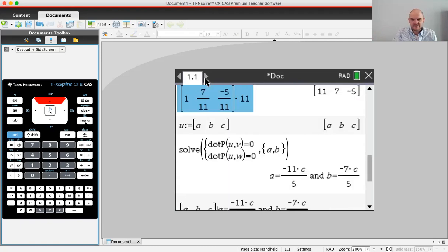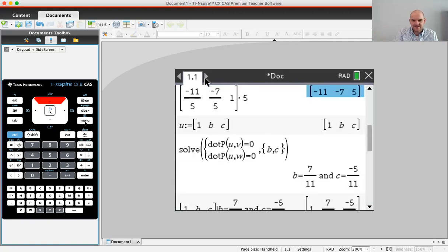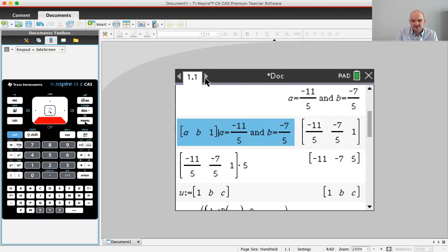So there's a generalization that we can get. Maybe I should have written these down, which I did not. So this was the first one: u is negative 11/5, negative 7/5, 1. And the second time that I did it, I think u was positive, positive, negative: 11/5, 7/5, negative 1.